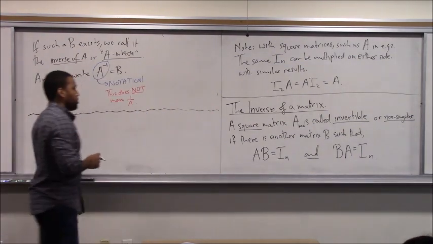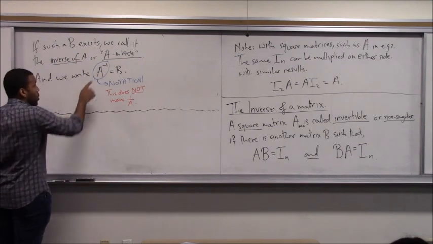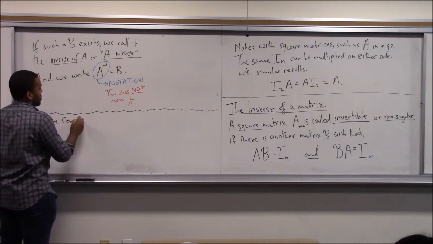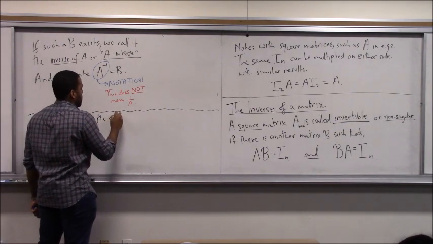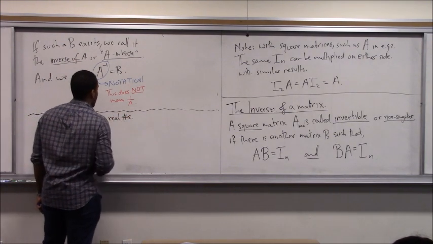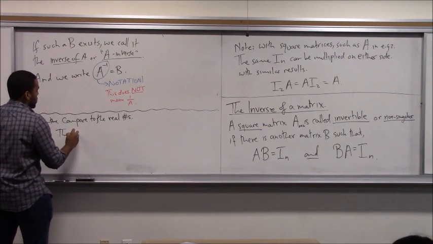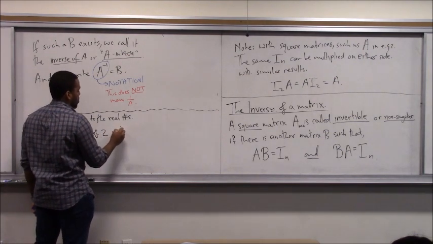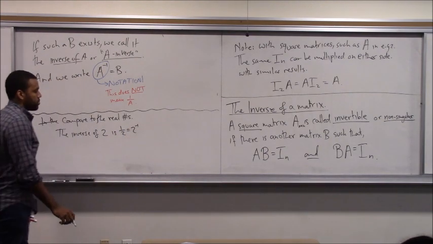Now you might wonder where the name comes from and why the notation. In the real numbers, you can compare this. Compare to the real numbers. So you can say, for example, the inverse of 2 is 1/2, right? Or you can write it as 2 to the minus 1.